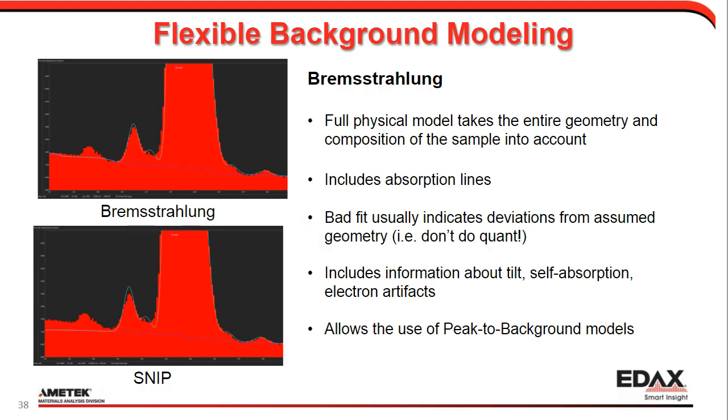Otherwise, the quant results will be bad because your sample does not satisfy the assumptions of quantification models. This model includes information about tilt, self-absorption, electron artifacts, and it also allows the use of peak-to-background models.